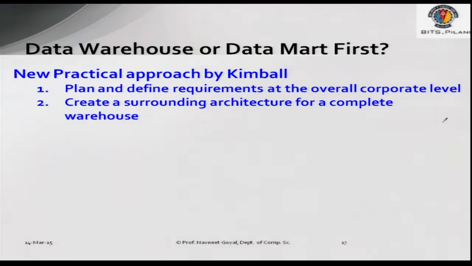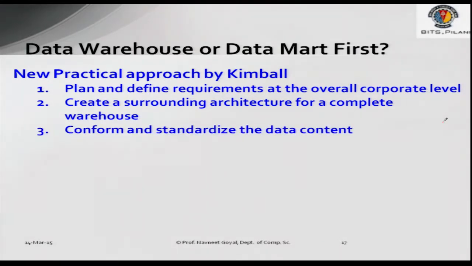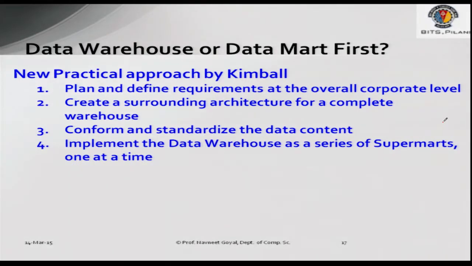When I say surrounding architecture, that means I should have a plan for integrating different data marts, and conform and standardize the data content, because in different departments the product codes could be different, or anything could be different. So you need to make sure that the data content is standardized and conformed, and implement the data warehouse as a series of supermarts.